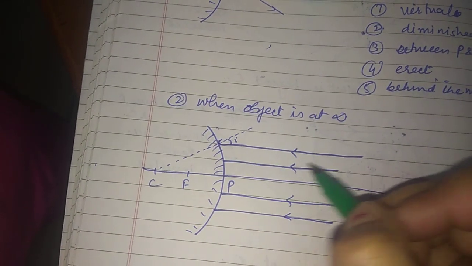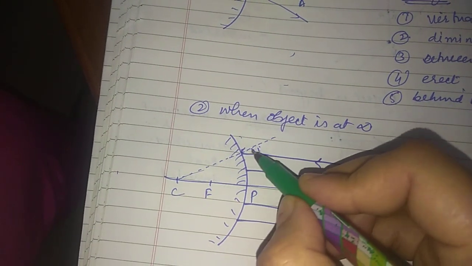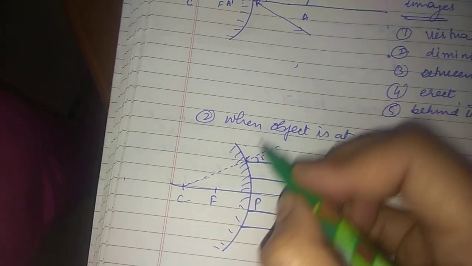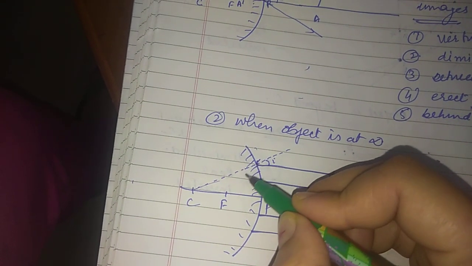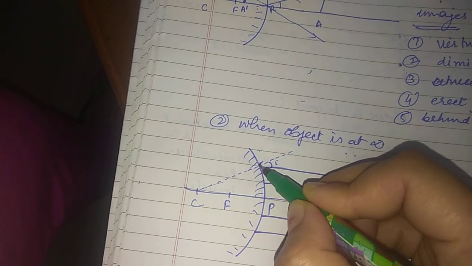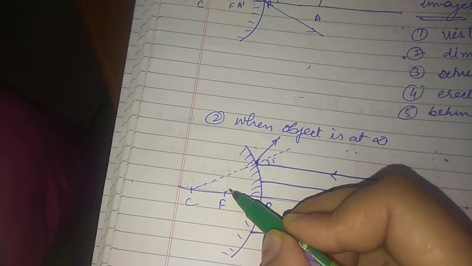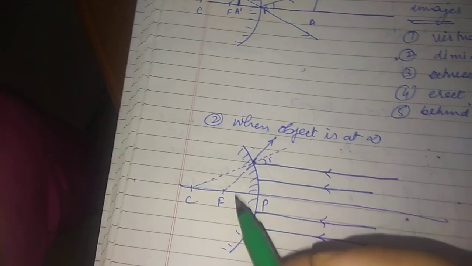Now for other rays also same behavior is expected. So normal I have drawn by just joining this point with the center of the curvature. So this we can draw, this will move in this direction, making the same angle of reflection. So this is the reflected ray, and you see this is going to meet at the focus.